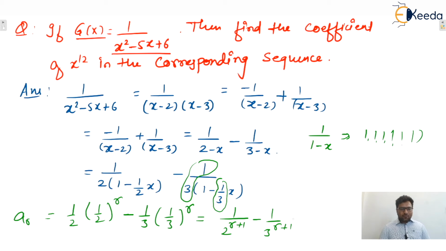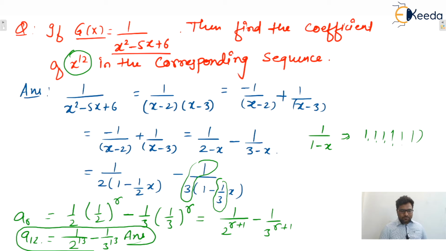Now we need to find the coefficient of x power 12. So a_12 will be the coefficient of x power 12. Put r equal to 12, and this is going to be 1 upon 2 raised to power 13 minus 1 upon 3 raised to power 13. That is your required answer.